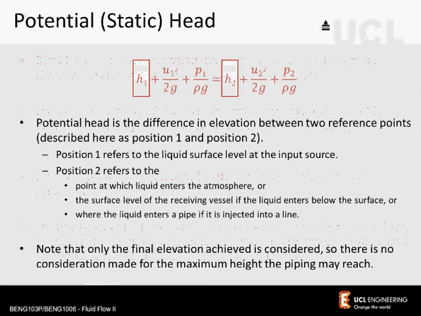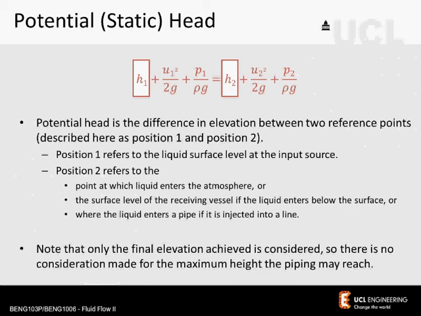So let's have a look at what these different terms mean. The potential or static head is the difference in elevation between two reference points, described as position 1 and position 2. Typically we'll be dealing with fluid being pumped out of a vessel.